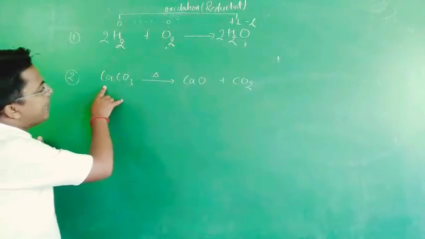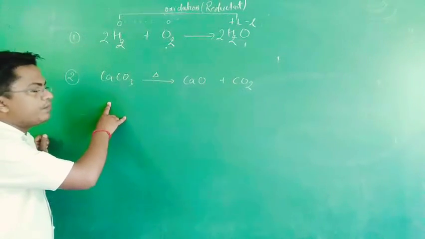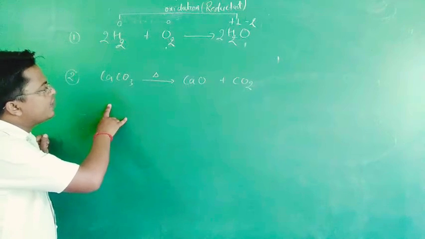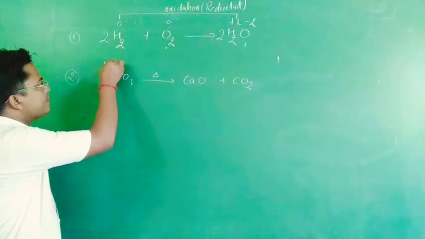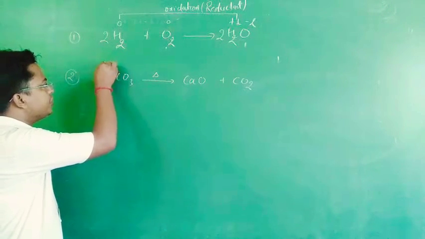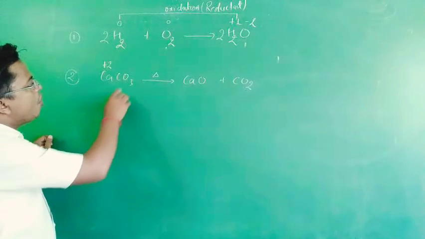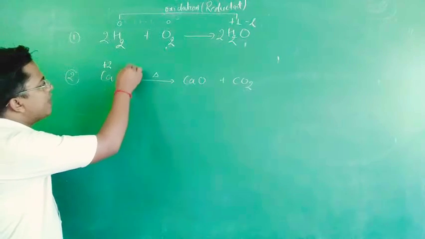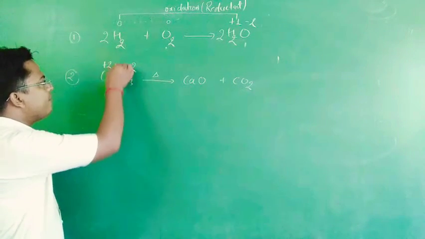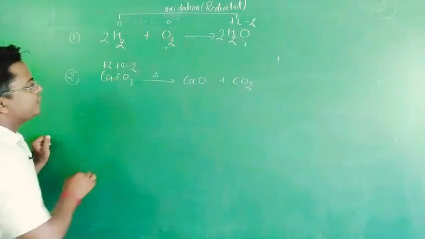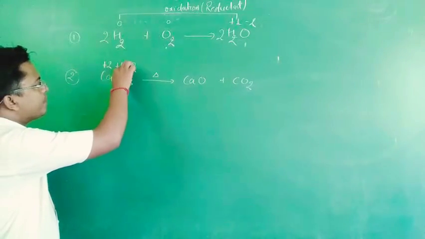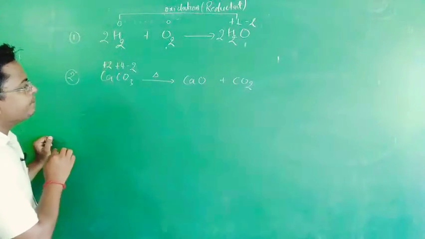Calcium carries a +2 charge because there are 2 electrons in its outer shell. So this is the oxidation state of calcium in calcium carbonate. Oxygen carries a -2 charge and carbon carries a +4 charge. It is very easy to identify.